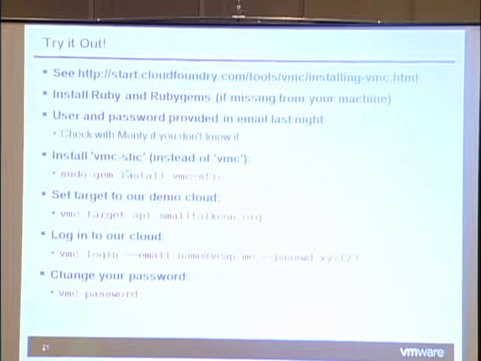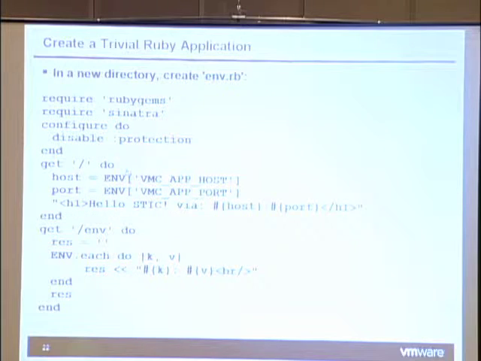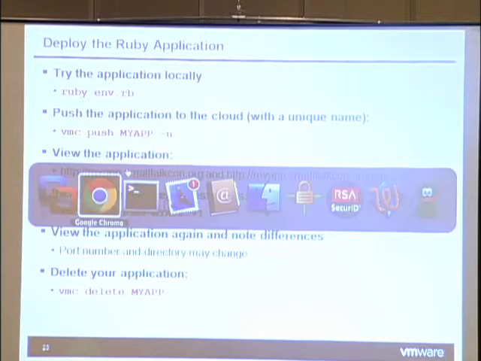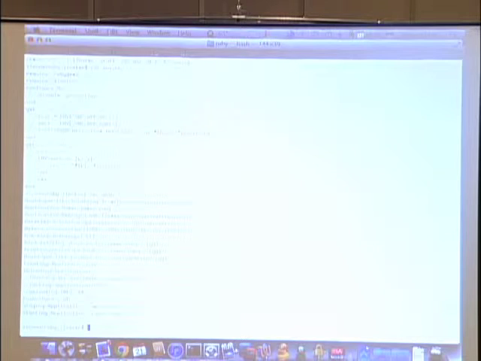Install it, target, log in, change your password, create an application. You can try out the application locally to do some testing and development, push it to the cloud, view the application, run multiple instances of it, change the number of instances up and down, and then when we're done, we can just say VMC delete James-Ruby.